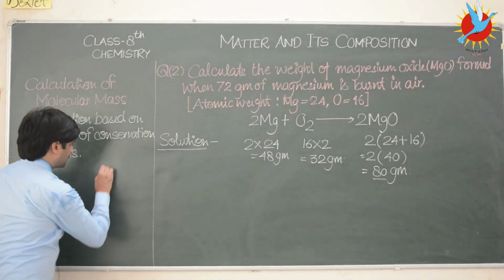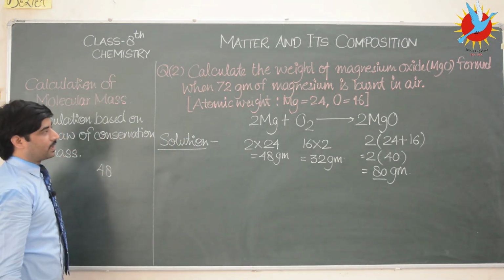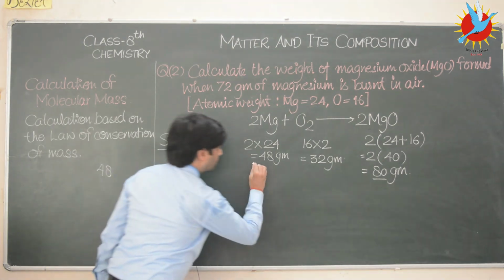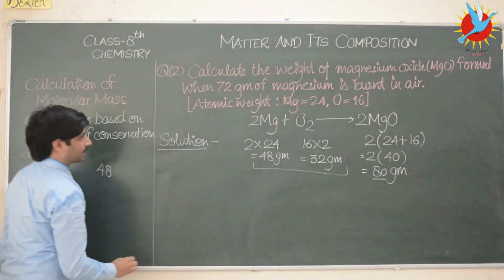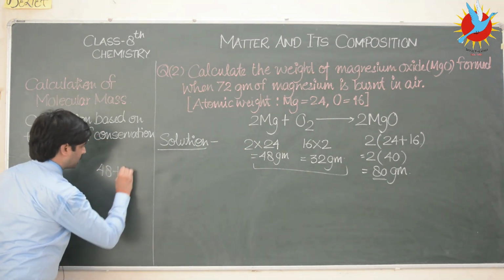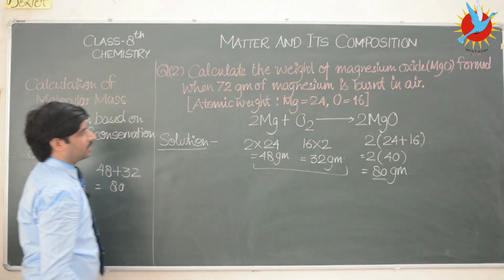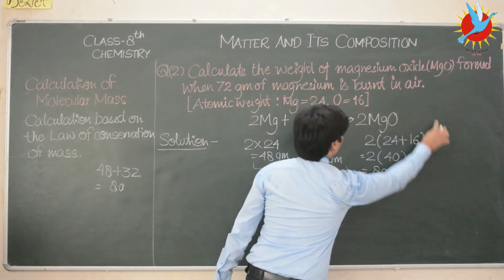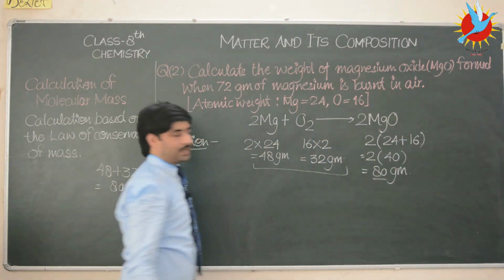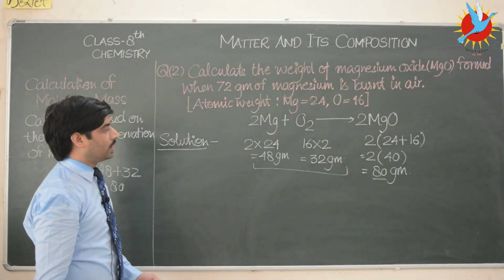So this is according to law of conservation of mass. The total mass of reactants, that is 48 plus 32 comes 80, is equal to total mass of product, that is again equal to 80.